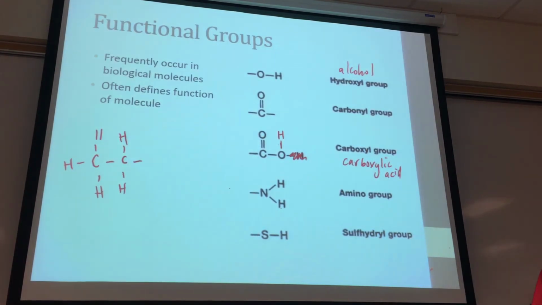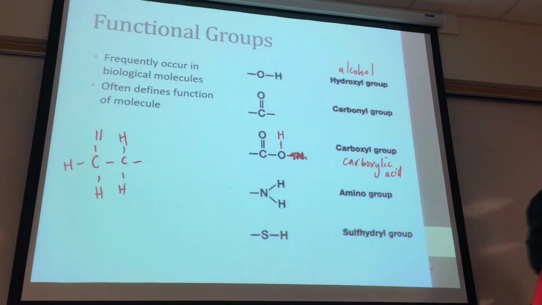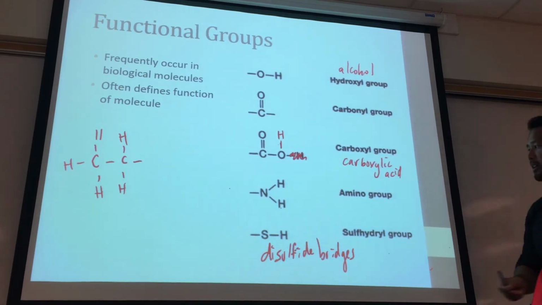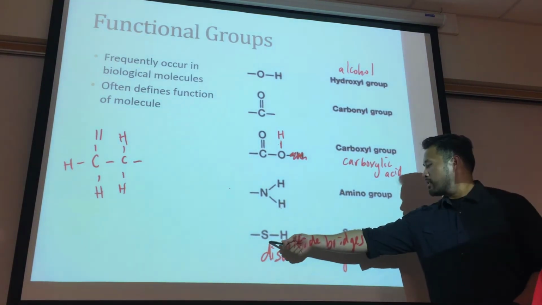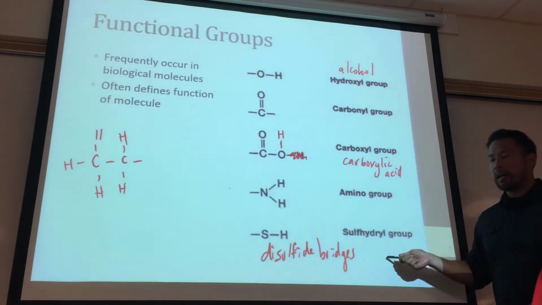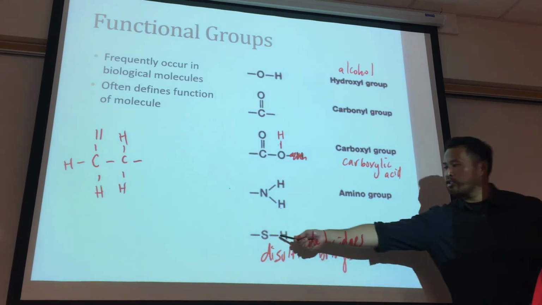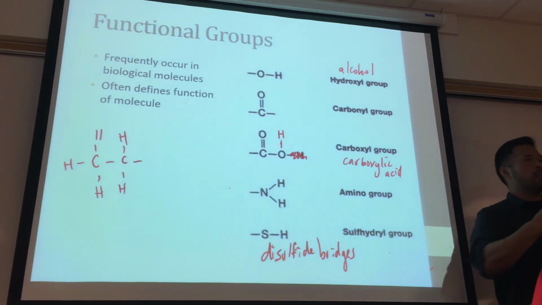In fact, something that you will see especially in molecular biology is that it forms very strong bonds called disulfide bridges. Something that you will really see, especially in our protein section that we'll talk about later on. You get one sulfhydryl group and another sulfhydryl group, they can break those apart and create these strong bridges that will hold a molecule together.